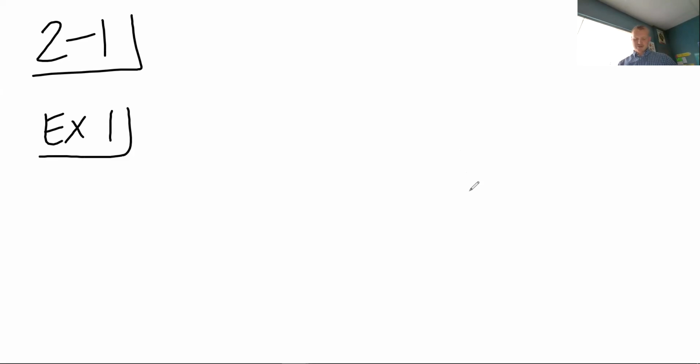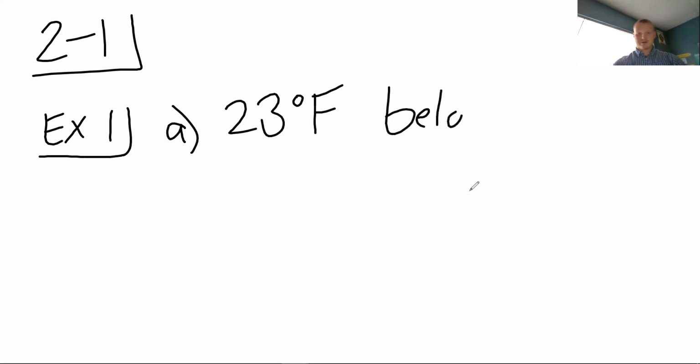Okay, so example 1. Write an integer for each situation. So letter A, we have 23 degrees Fahrenheit below 0. Logan, how would I write that in integer form?